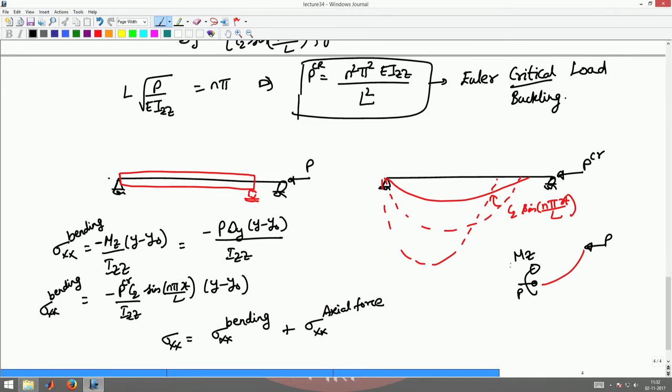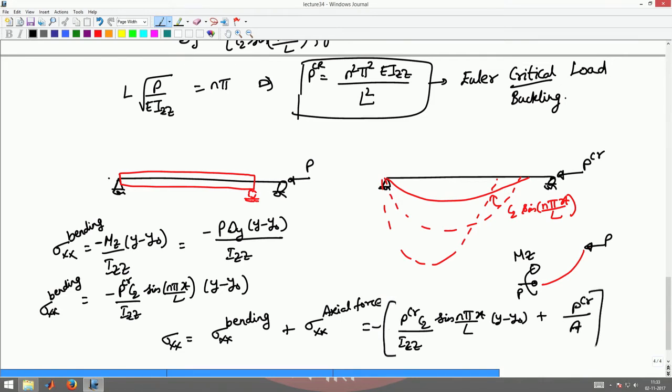So due to this moment we found the stress. I have to add to that the stress caused by this actual force P. That will be P by A, where A is the area of the cross section. That gives me sigma xx equal to P critical C2 sin n pi x by L divided by Izz into y minus y naught, plus P critical by area of cross section.